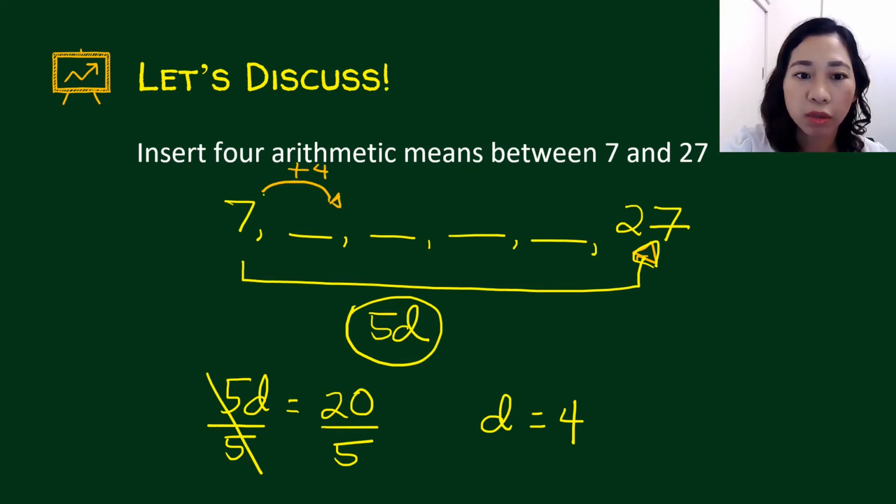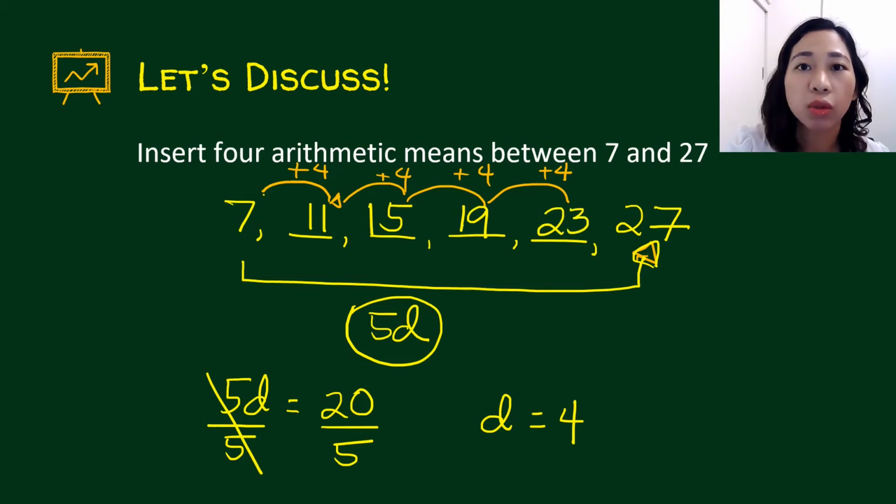So it's plus 4, plus 4, plus 4, plus 4, right? So our arithmetic means would be 11, plus 4 is 15, plus 4 is 19, plus 4 is 23. And lastly, you can check that it's correct that 27 is really the next term. So therefore, these are the 4 arithmetic means between 7 and 27.